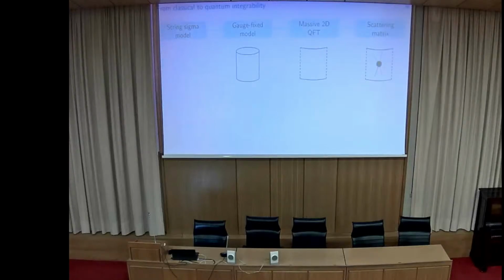So as you have seen yesterday, I think, you start from your sigma model description of the theory, and then you need to fix some redundancies in order to have a theory that is defined on the worldsheet that is of the form of a cylinder, and then you take the decompactification limit where the cylinder becomes just a plane, and on this plane asymptotic states are well defined, and you can look at the scattering of excitations.